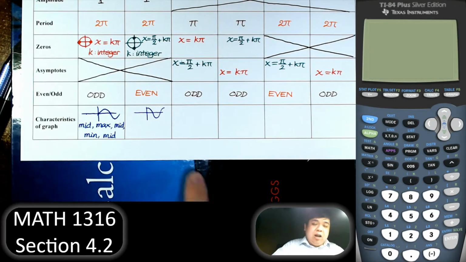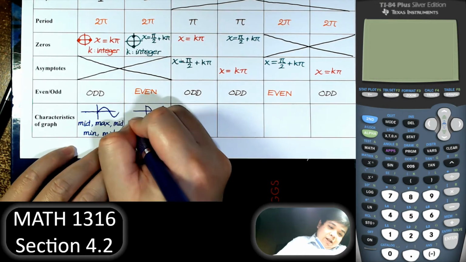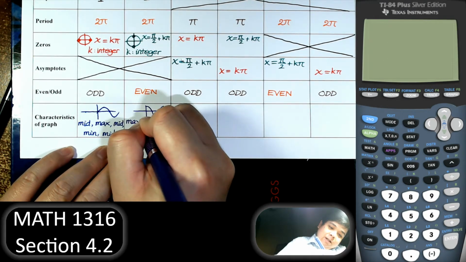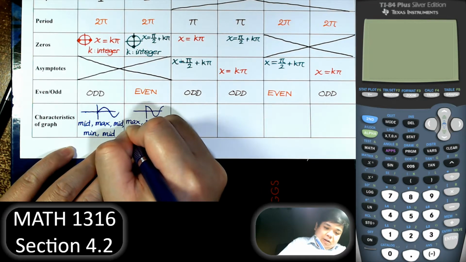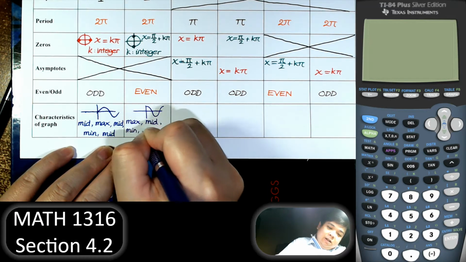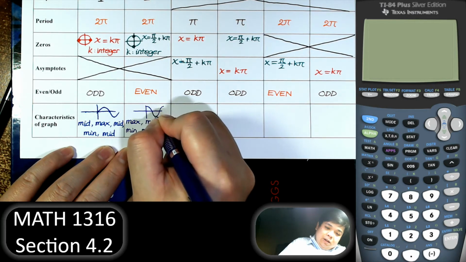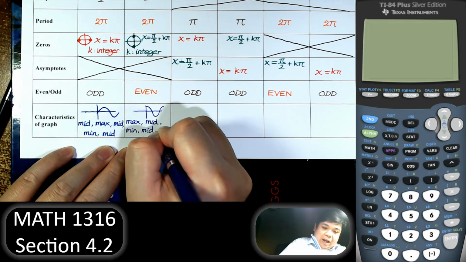Okay. The pattern of cosine is max, middle, min, to the middle, and then back to max.